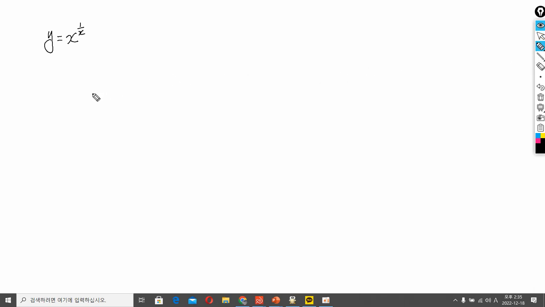So let's find out if that's really the case. To make calculation easier, we are going to take a natural log on both sides.